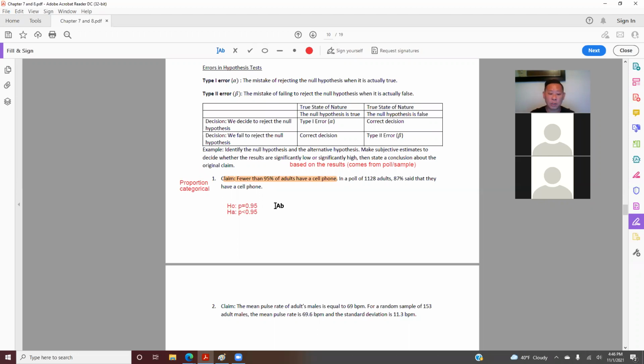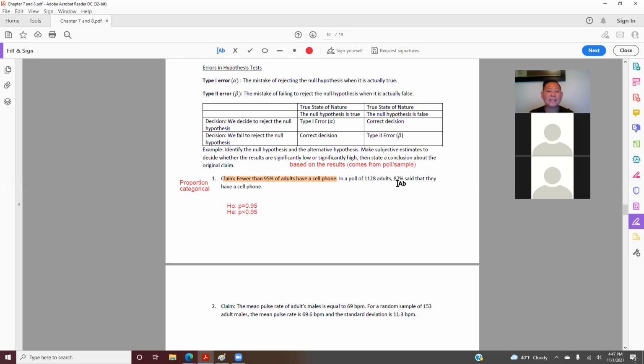Make sure you understand the null always has an equal symbol. The alternative is either less than, greater than, or not equal to, depending on the claim in the question. Now we look at the result. Out of these 1,028 adults, 87% say they have a cell phone.